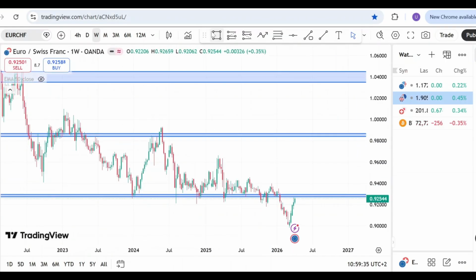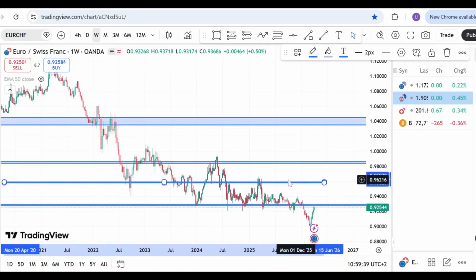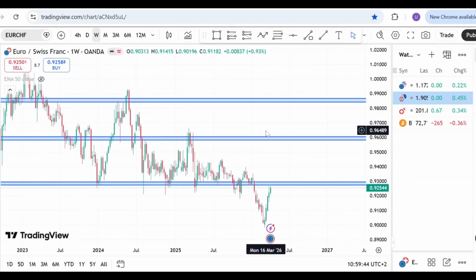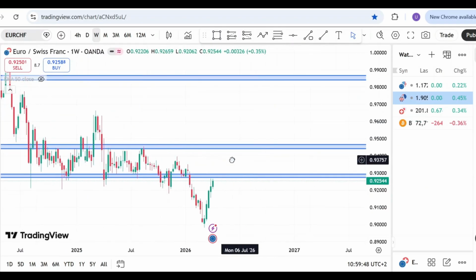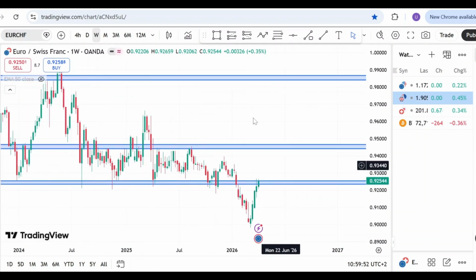Cool. Now it's clear, as you can see here, we have initially been in a range or a consolidation.